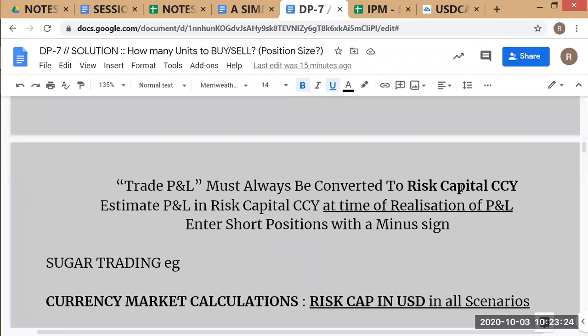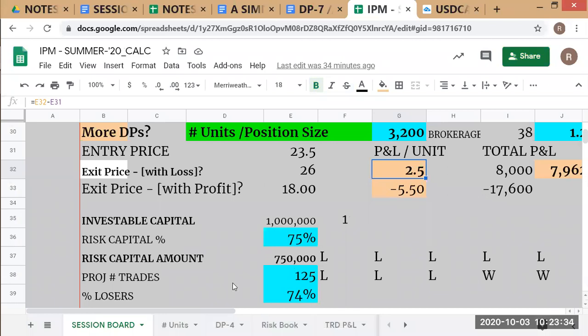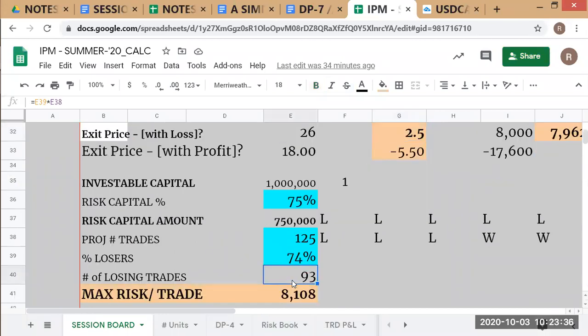This has to always be converted to risk capital currency, because when you're losing money per trade, you want to ensure that even if all your losing trades happen together, here 93 out of 125, 74% losers, 93 losing trades, one after the other, the maximum worst-case run of losing trades, even then you don't lose more than your risk capital.